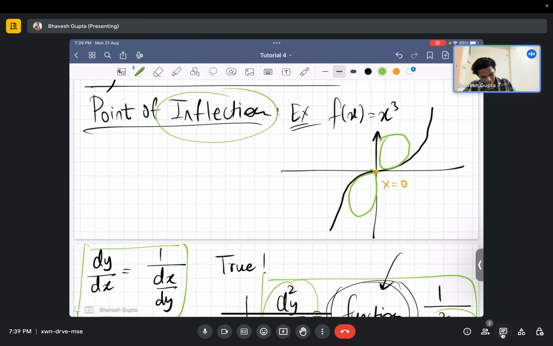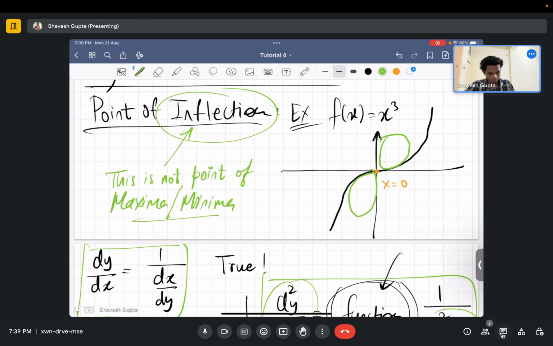Let me be very clear, this is not a point of maxima nor minima. At that point the behavior is a linear behavior.